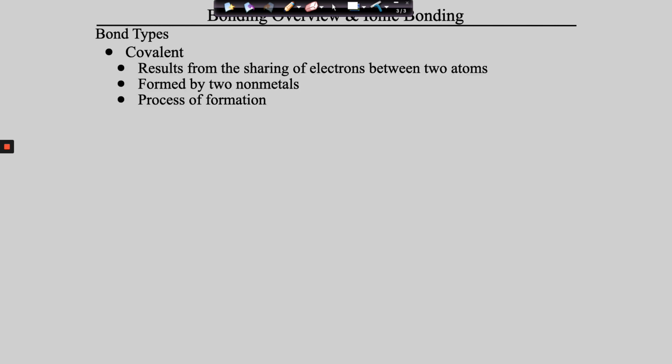So we've got covalent bonds. It results from the sharing of electrons. It's formed by two nonmetals. And guys, I know you're going to read this and go, okay, process of formation, they're sharing. But you're going to find out in this unit that it is preceded by something called hybridization.